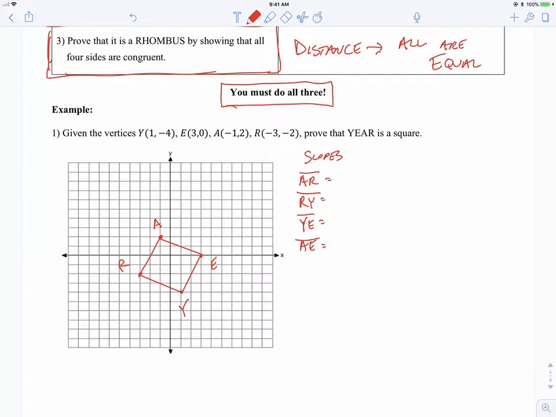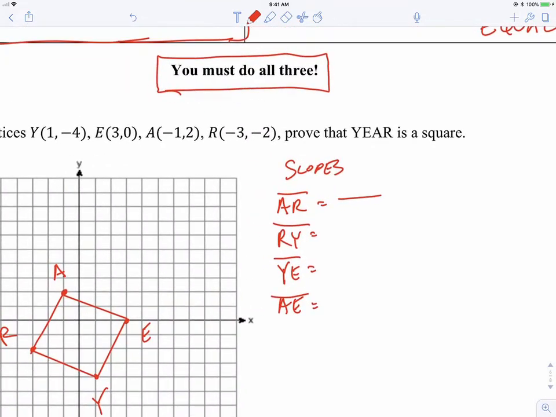The slope of AR is going to be y minus y over x minus x. I'm using A and R, these 2 points. So I go 2 plus 2, because it's 2 minus a -2, and then -1 plus 3, because it's minus a -3. So I get 4 over 2, which is 2. So the slope of AR is 2.